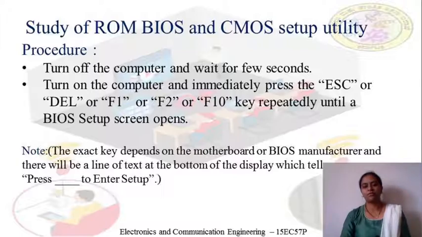That means you have to press the F2 key continuously so that you can enter into the CMOS BIOS setup. So depending on the message displayed, you can press the exact key and then enter into the BIOS setup.